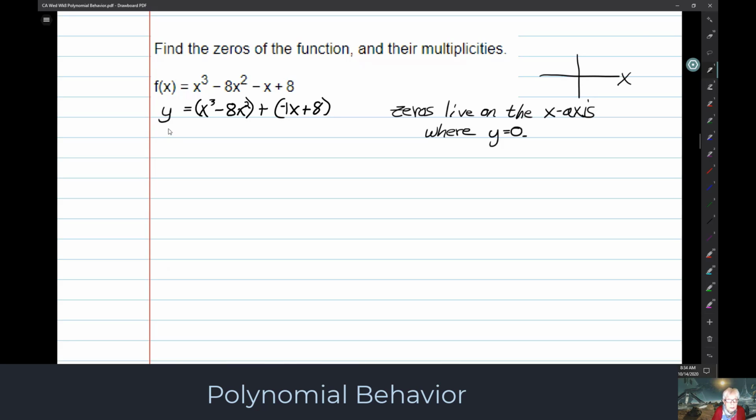So to find the zeros, I've got to let y equal 0. Now I can go about my business of factoring.